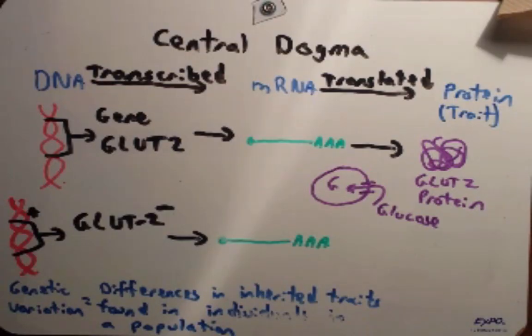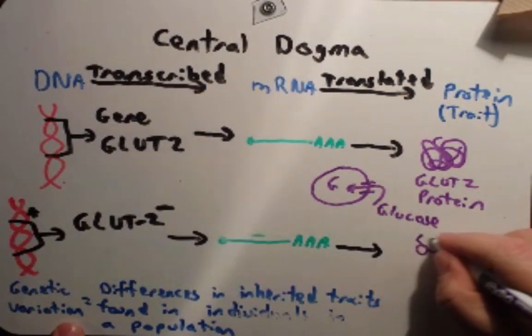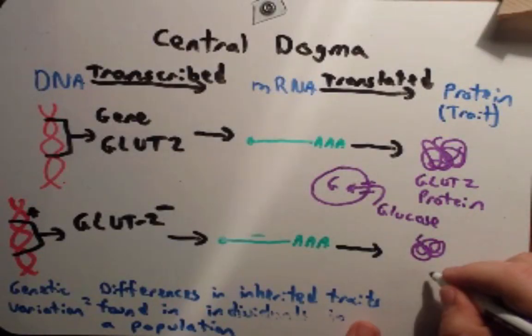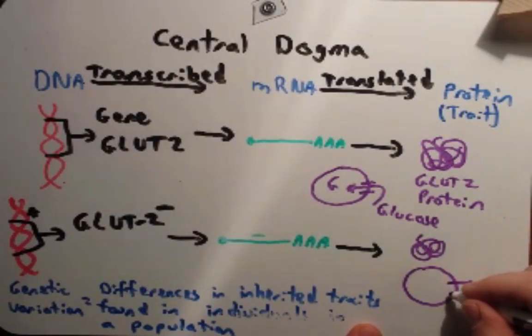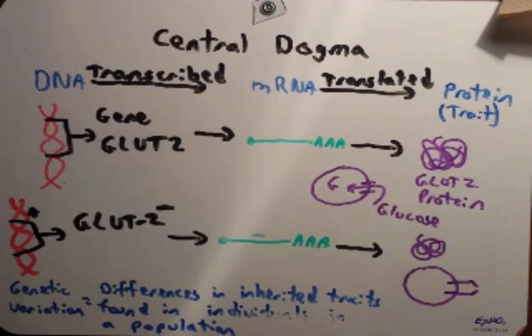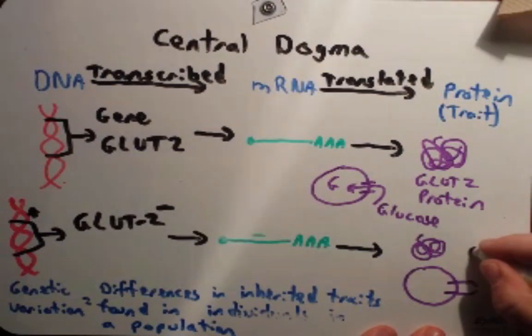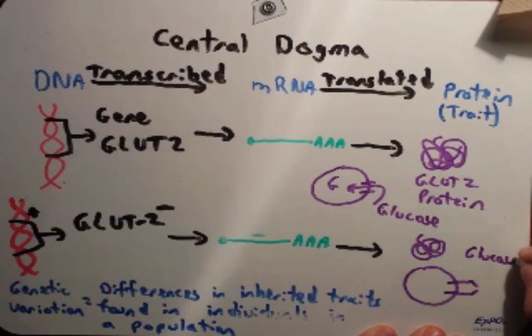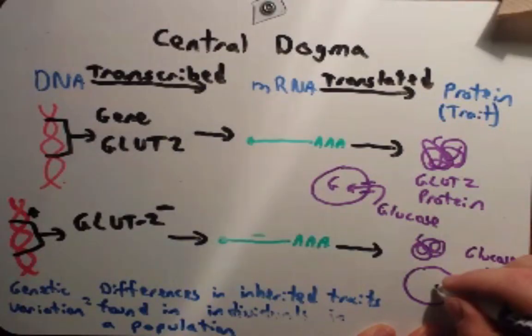So we'll still make this messenger RNA, and it has a mutation in it. So we'll put a minus sign there. And it's still going to make the protein, except now the protein is going to be just a little different, in such a way that I'm just drawing it a little different to illustrate that now when glucose tries to enter the cell, it still can get in, but not as efficiently, as I'll show with the dotted line here.